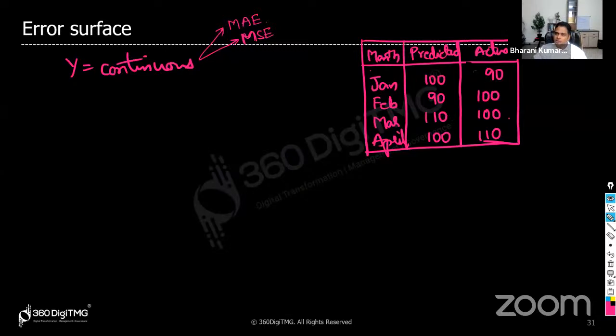Now, when you subtract these two predicted values and actual values, you actually get error. $100 minus 90 would give you $10 million. That's the error. 90 minus 100 would give you minus $10 million. 110 minus 100 would give you $10 million. 100 minus 110 would give you minus $10 million.